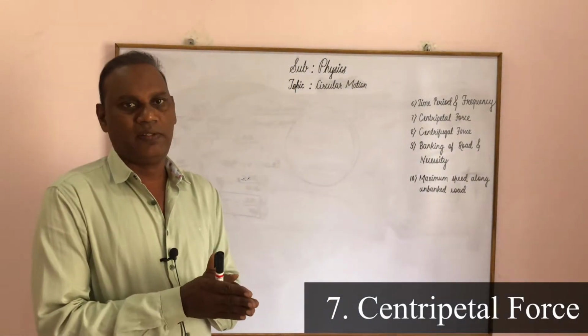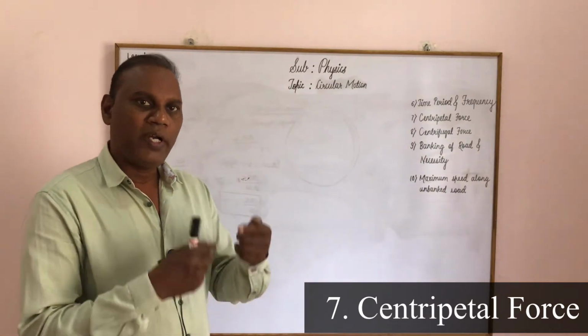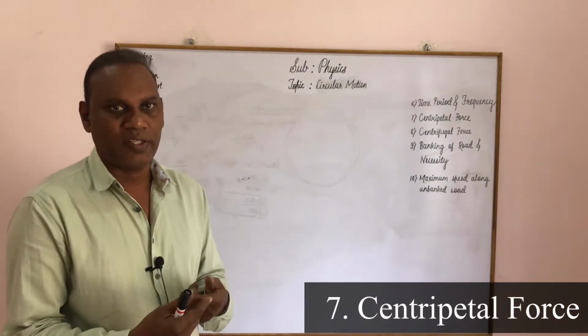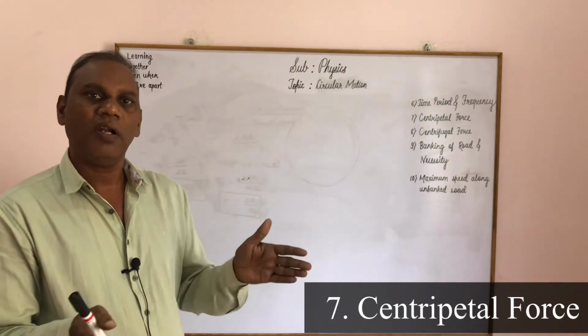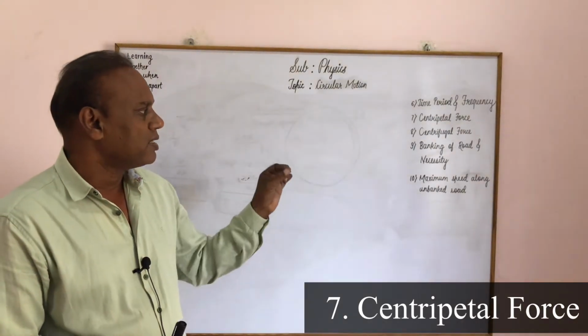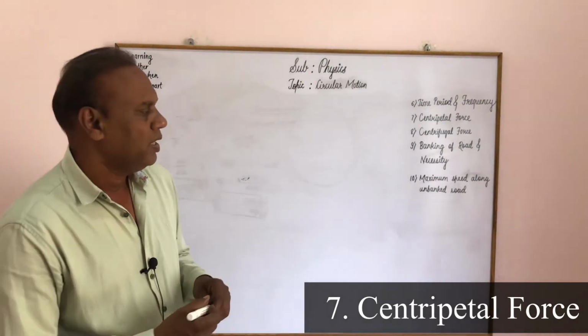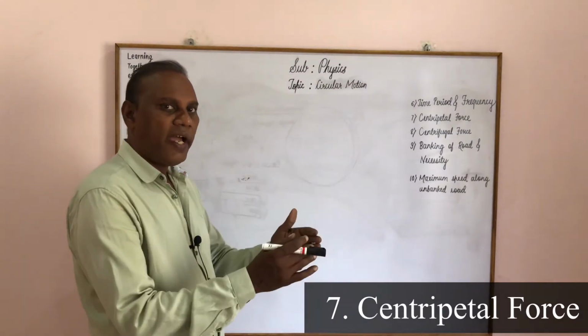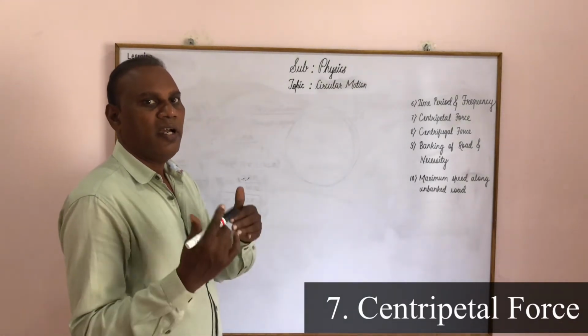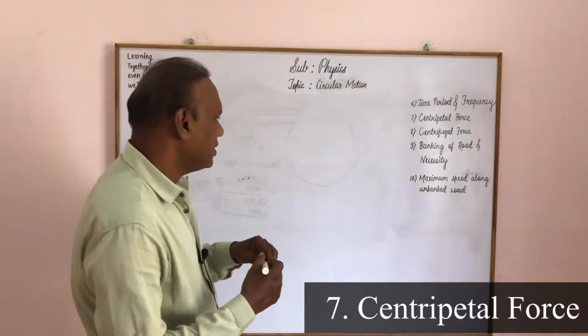So a force which provides such an acceleration, that is centripetal or radial, is called centripetal force. Centripetal means it acts along the radius and toward the center of a circle.